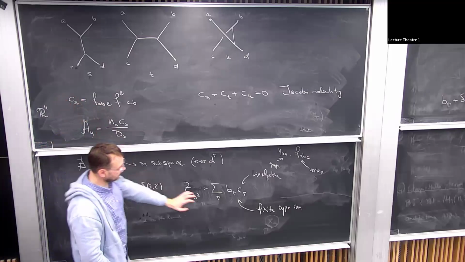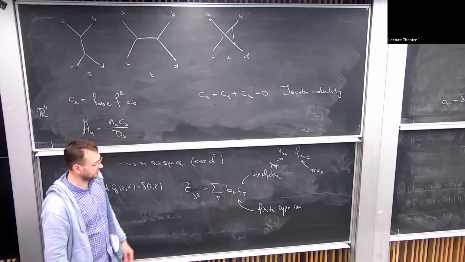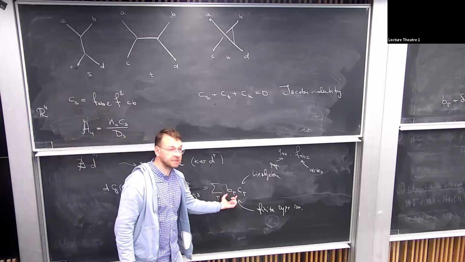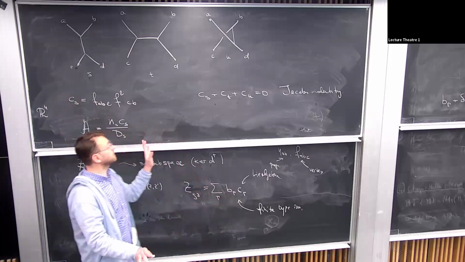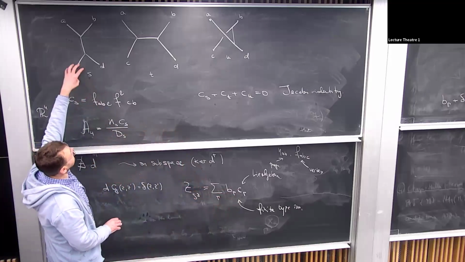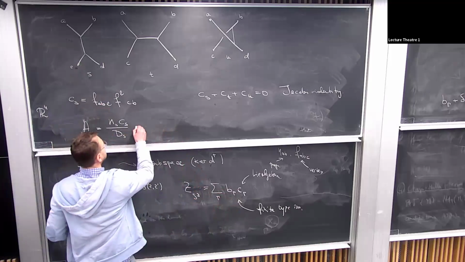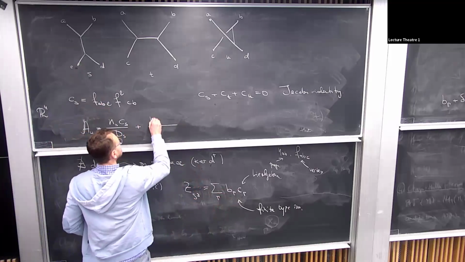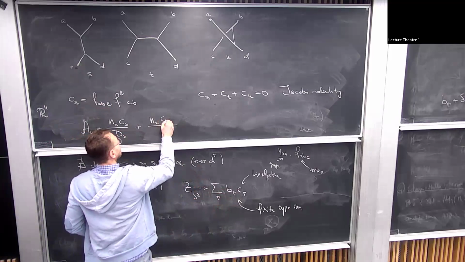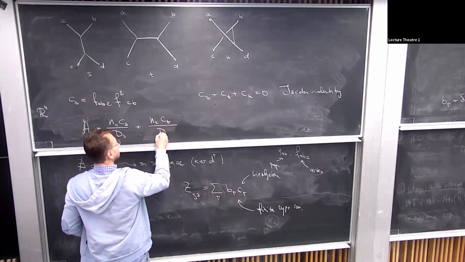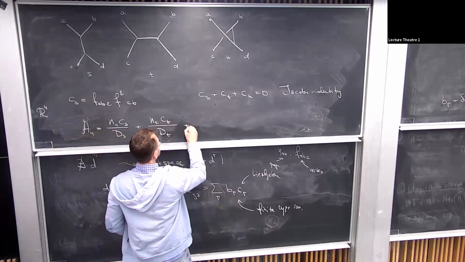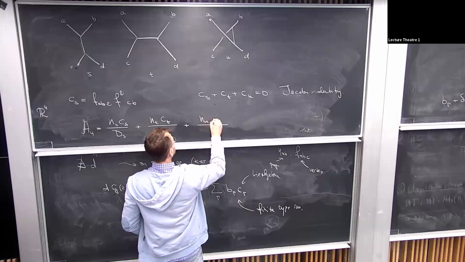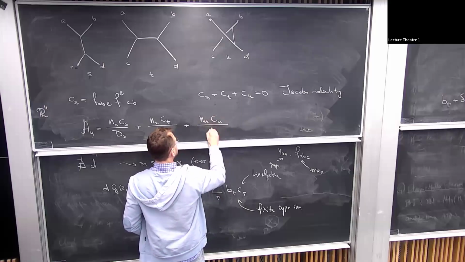What's important is that this structure for any gauge theory always persists. The only thing is that these can be more complicated. If you have external states, the labeling of external states goes here. And then I will have something like this, t of ct dt plus u of cu du.